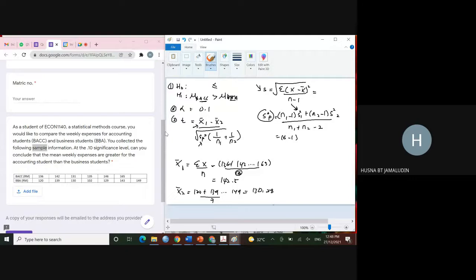I hope that you can see my cursor. 136, and then you have to minus the x bar for the first observation, which is 142.5. And then don't forget the squared, and do it for all the observations. Then you divide by n minus 1, so 6 minus 1, you will get 5.